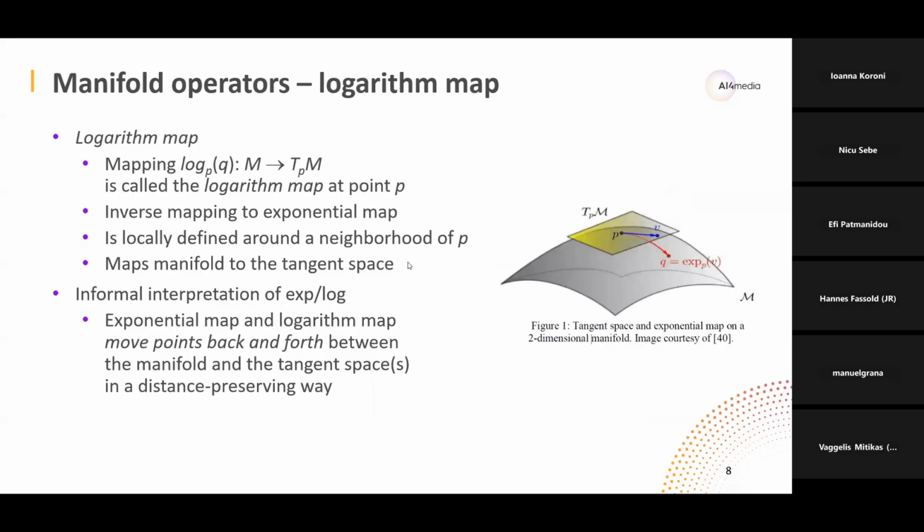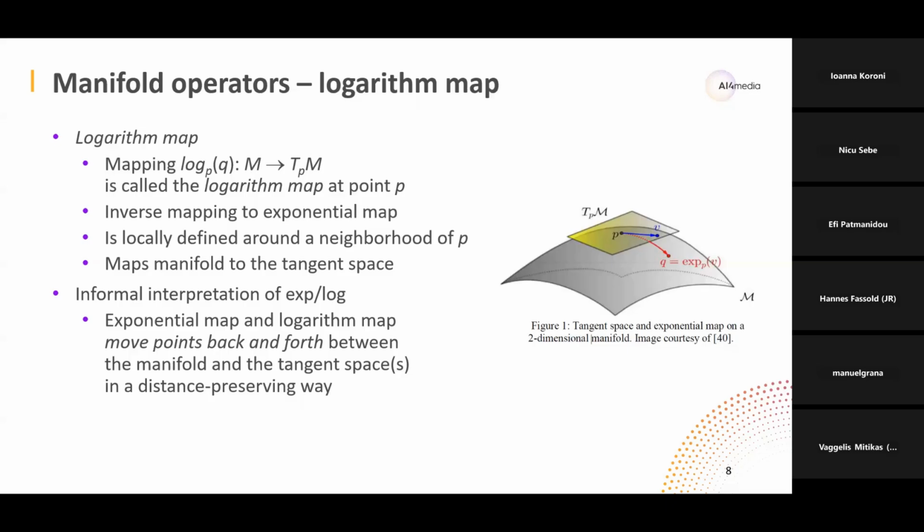Yeah, and the logarithm map, of course, is the inverse. So as usual, the mapping, the log P from Q, which is a point on the manifold, to the tangent space of P, is called the logarithm map at the same reference point P. And of course it's the inverse mapping to the exponential map.